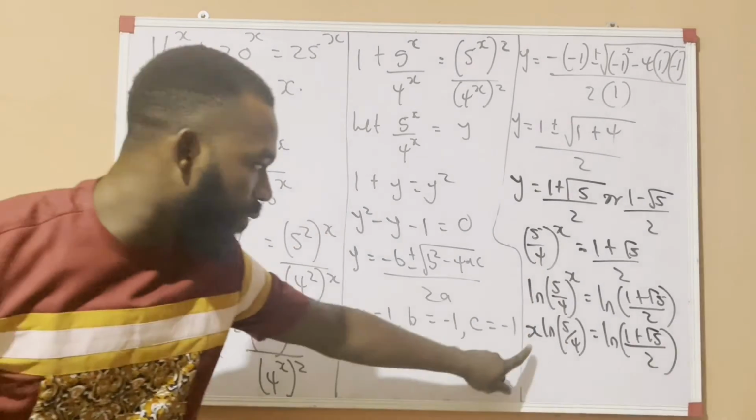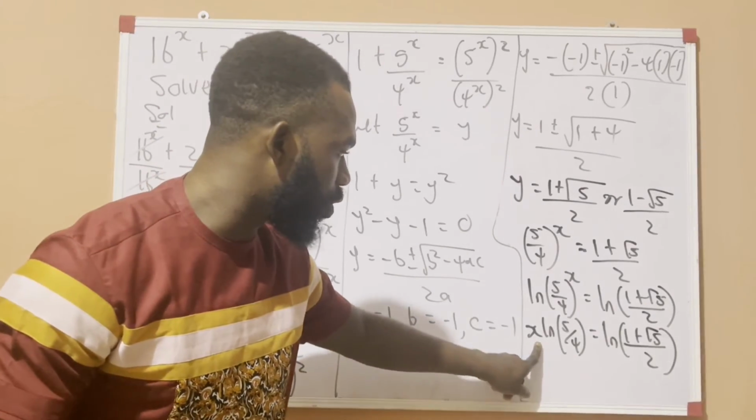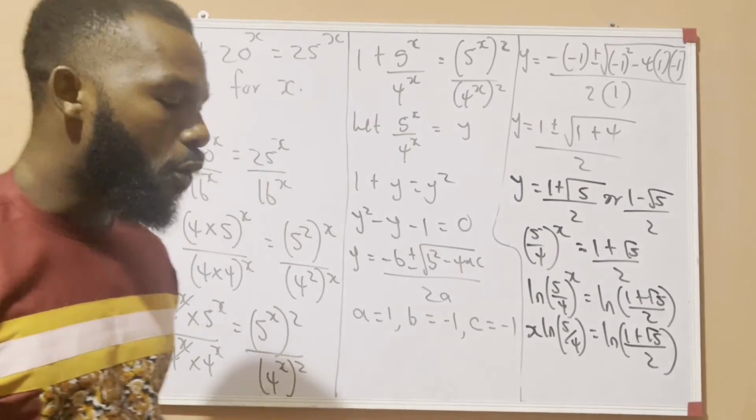Of course, for us to get the value of x, what we have to do is divide both sides by ln 5 over 4.